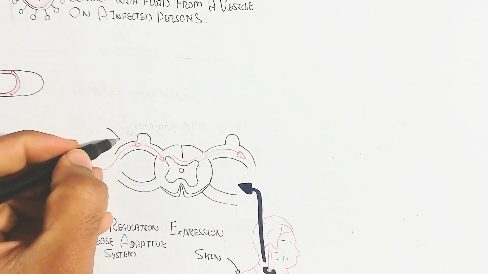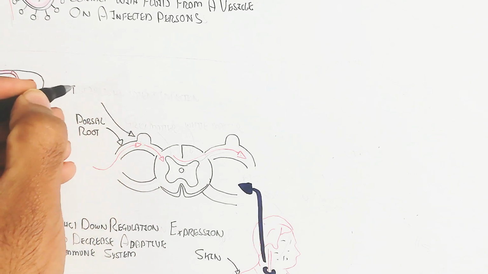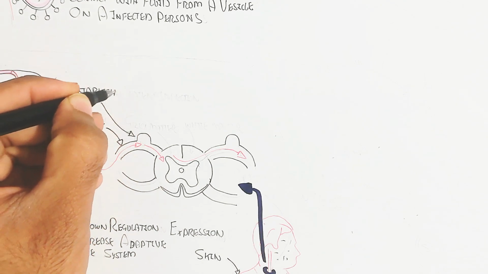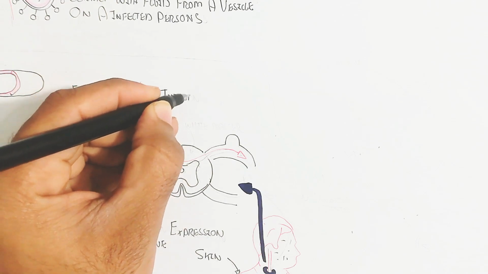This latent infection means a new infection. In this way, the dorsal root, the gray matter and the white matter, but the dorsal root ganglion is important for establishing the latent infection.